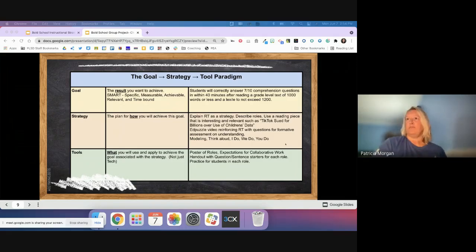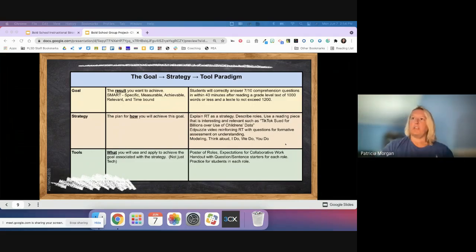So I thought this might be something that's interesting to students: TikTok is sued for billions over use of children's data. So we could use an Edpuzzle video to reinforce what the reciprocal teaching is, with questions for formative assessment to make sure they understand what each of the jobs are.